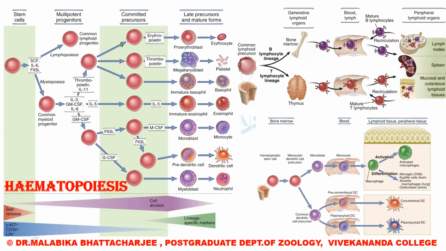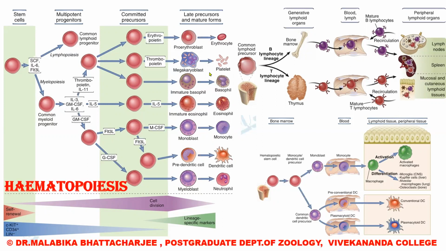So we have this committed precursor, which further gives rise to another committed precursor. When this committed precursor, in presence of monocyte colony stimulating factor, develops into a monocyte, and in presence of the FLT3 ligand develops into a pre-dendritic cell and then a dendritic cell.